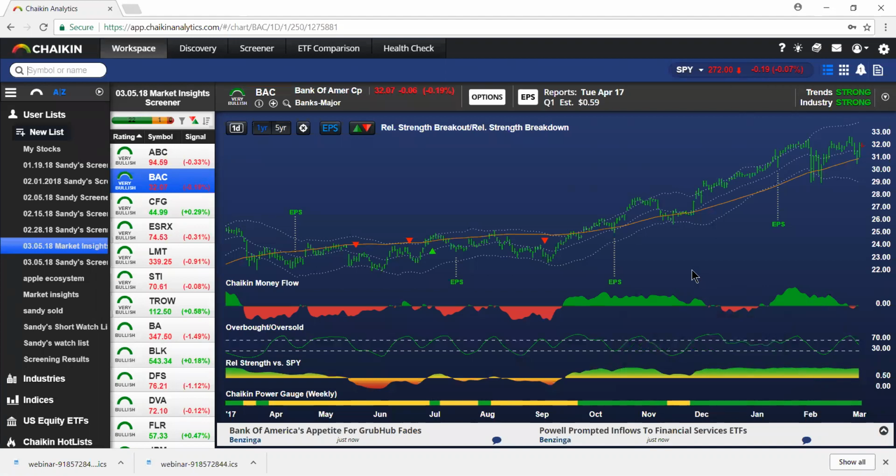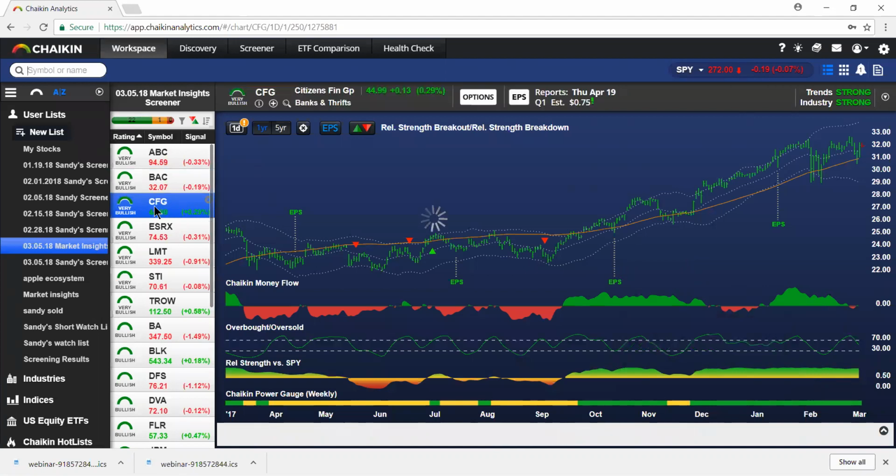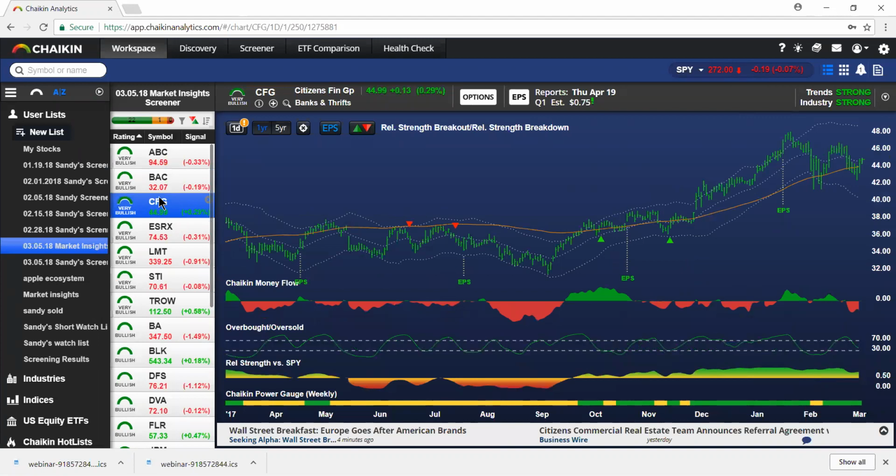If this were any other stock other than Bank of America, I would put this on my list, but it's just my personal thing. I'm personally biased against these big banks because of all the havoc they caused in 2008-09. So that's just my personal thing. But otherwise, that stock would have gone on my list.